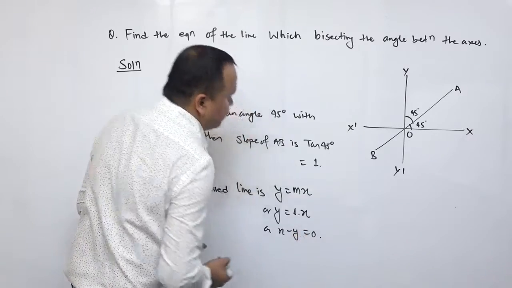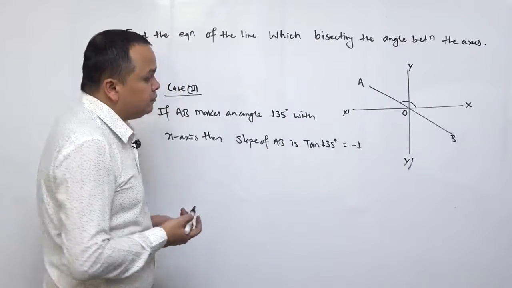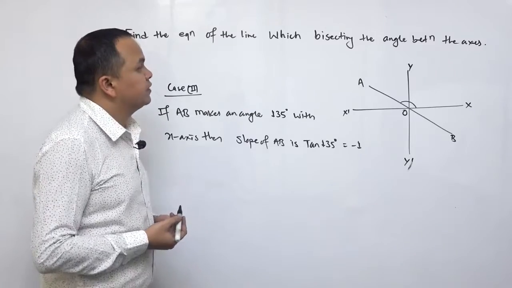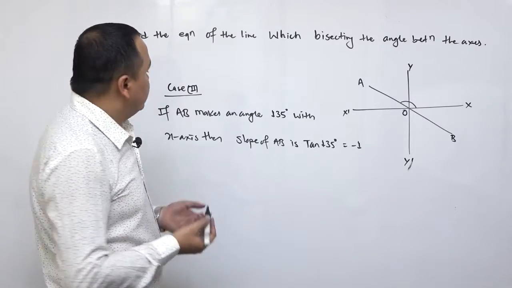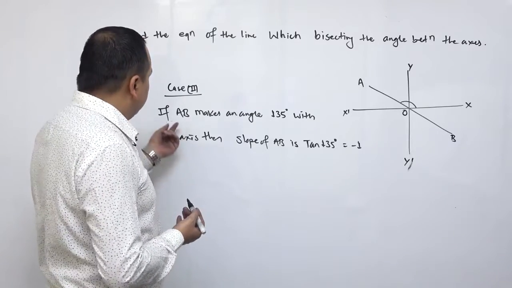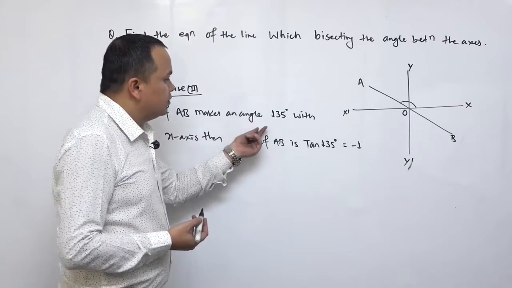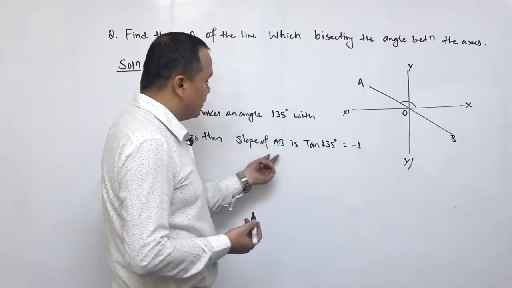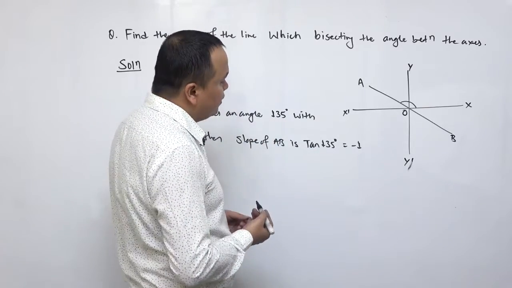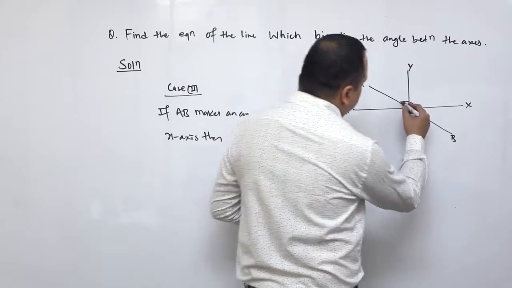or x minus y is equal to 0. Now case 2. If AB bisects the angle between the axes, then another case is AB makes an angle 135 degree with the x-axis. Then the slope of AB is tan 135 degree, which is minus 1.